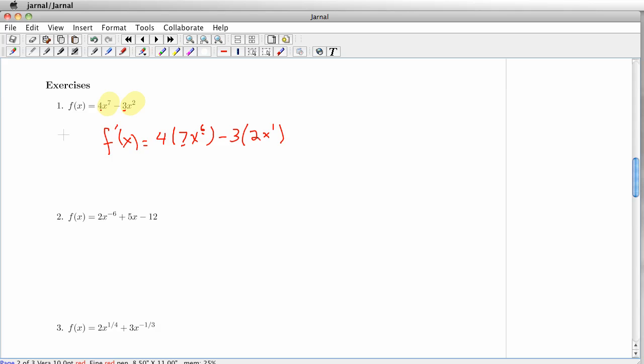Again, the original power was 2, so that came out front, and then the power of x remaining should be 1 less than the power before. Now, for entering answers into the course compass system, it makes sense to simplify that, at least as far as multiplying the numbers out. And we normally don't write x to the first power, we really normally just write x. So that would be a good way of entering the answer into the course compass system.